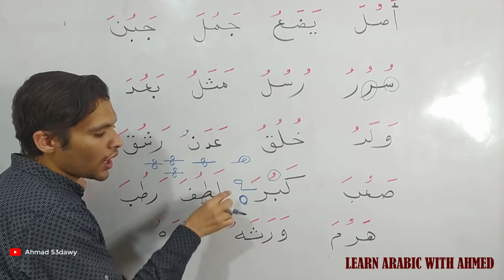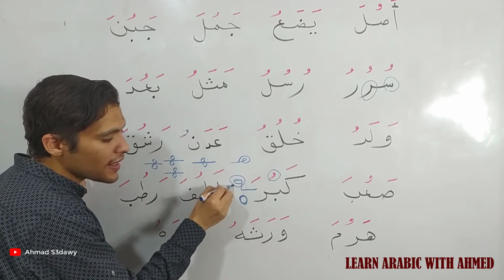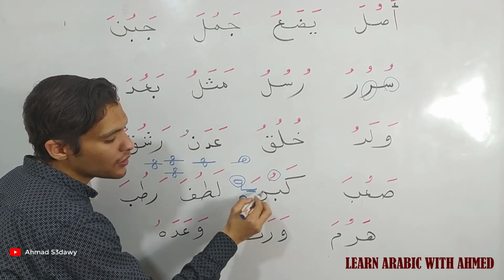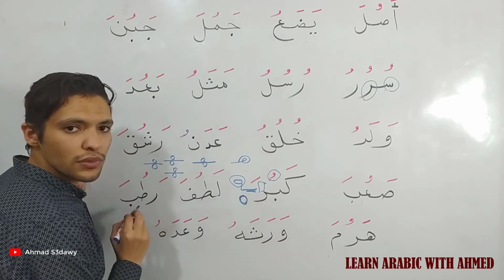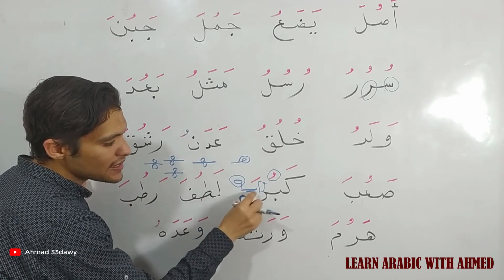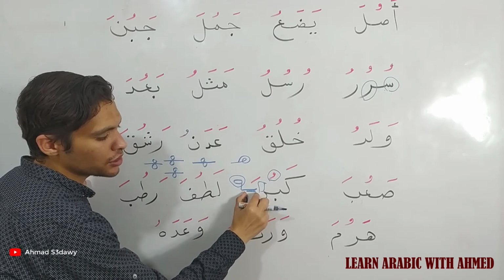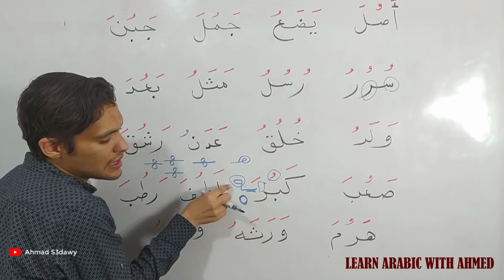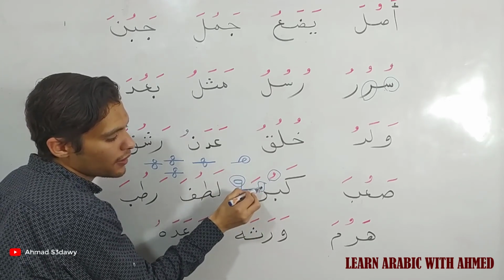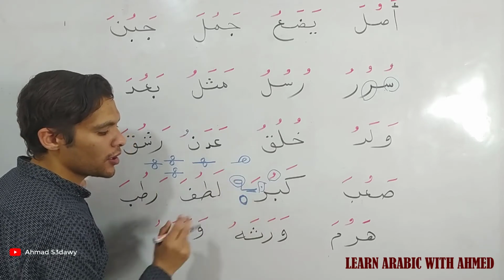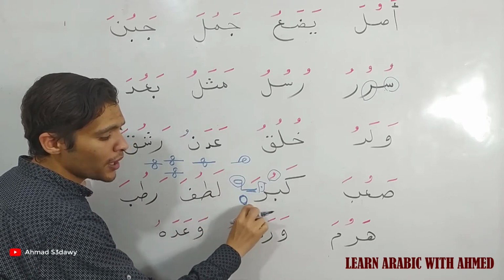What's the difference? Here the ha is at the end, but it's connected to another letter. So the ha is connected by the bridge, the bridge that connects the ha with any letter that comes before it. But here, there is no bridge.